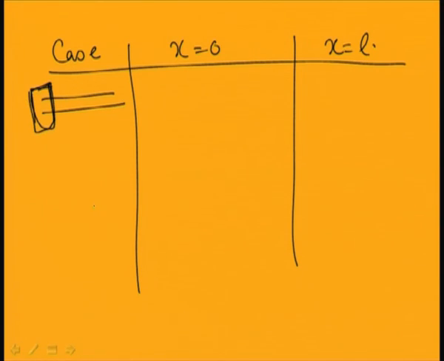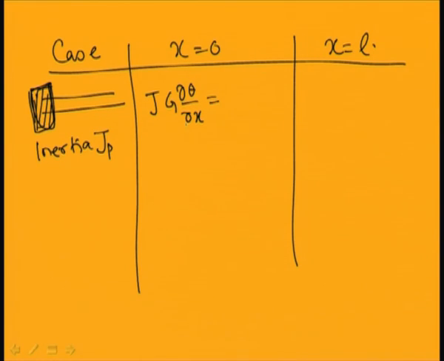If an inertia J p is added to the left end, then the torque at the left end, that is G J del theta by del x, will be equal to the inertia torque.